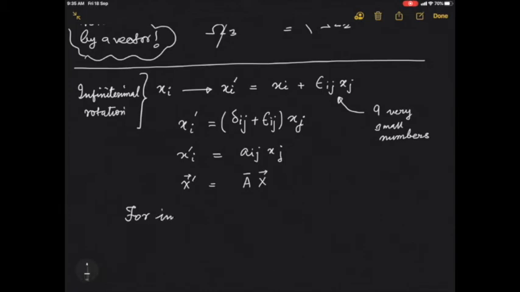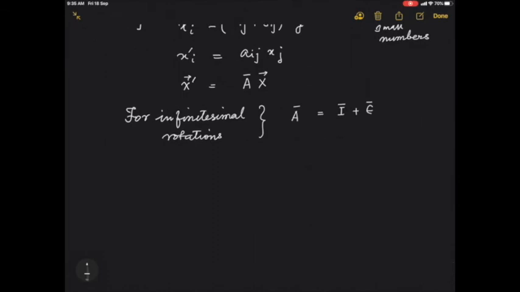But in this case, for infinitesimal rotations, your A is nothing but almost an identity matrix plus some little epsilon, right? So let us see what happens for successive rotations.